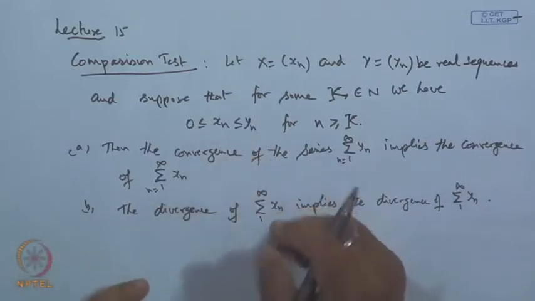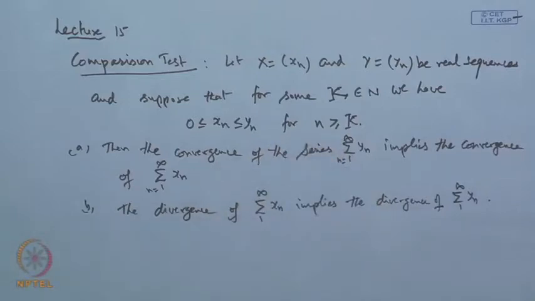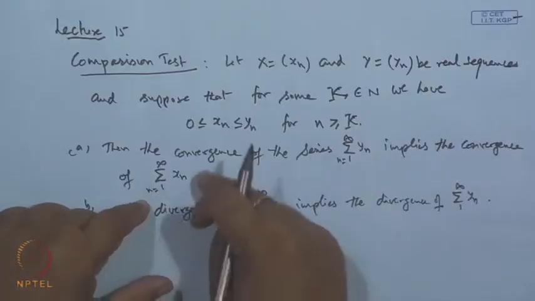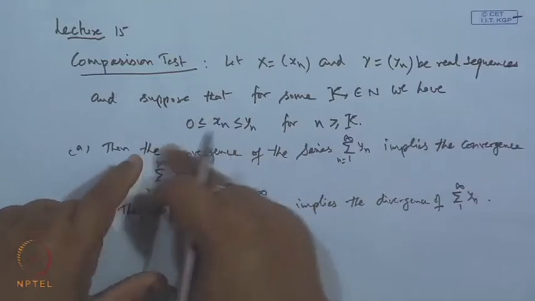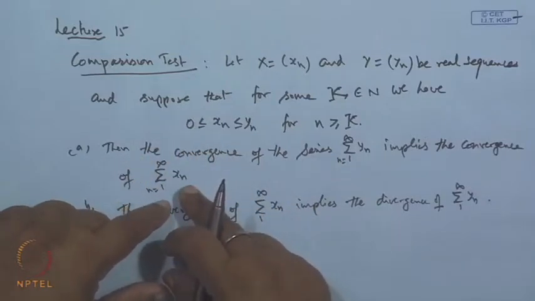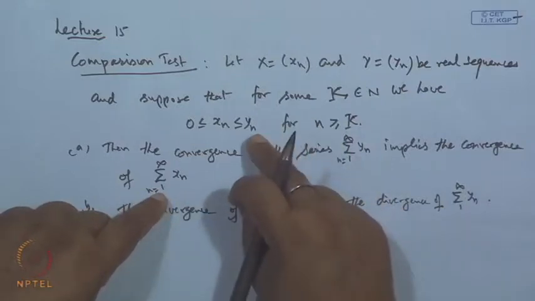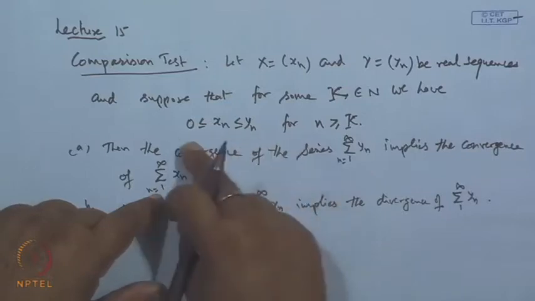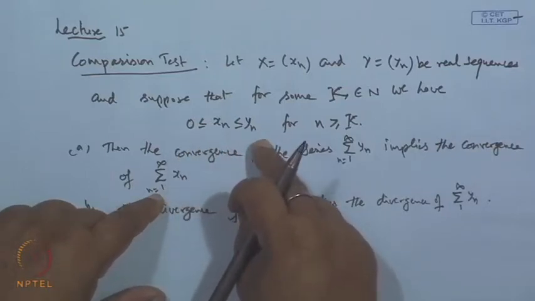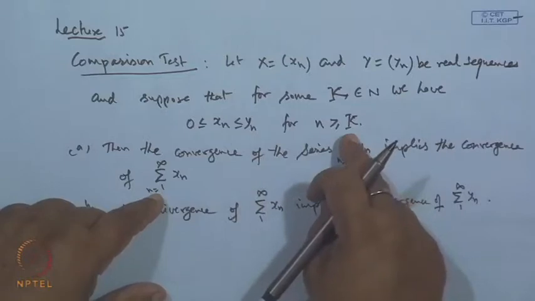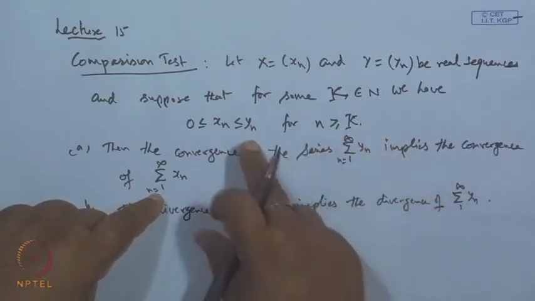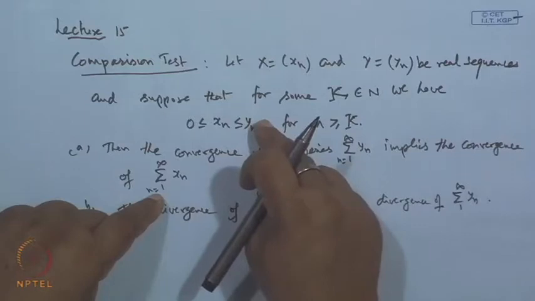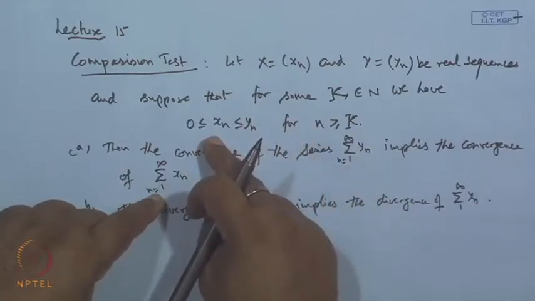So, what the comparison test says: if we have a series sigma x n, each term of which is non-negative, then to find out the nature of the series sigma x n, if we are able to identify some sequence y n for which the relation 0 is less than or equal to x n, less than or equal to y n holds, either for all n or maybe after a certain stage, then the convergence of sigma y n will imply the convergence of the series sigma x n.